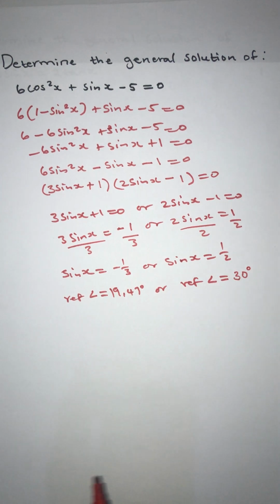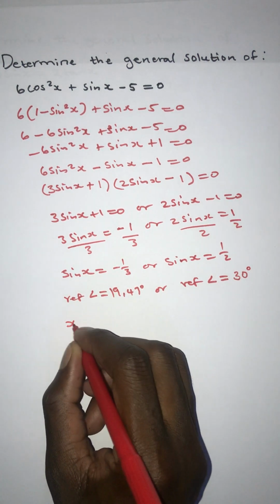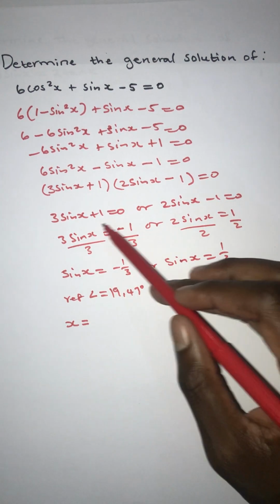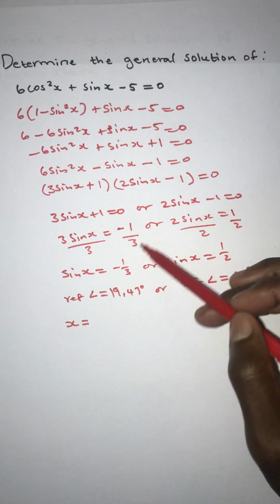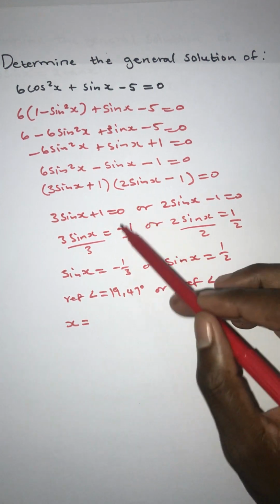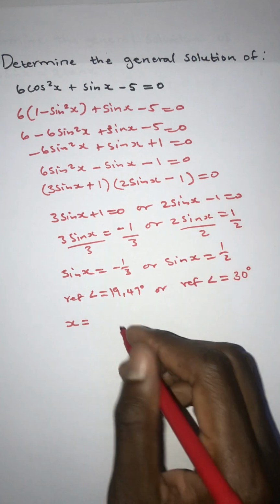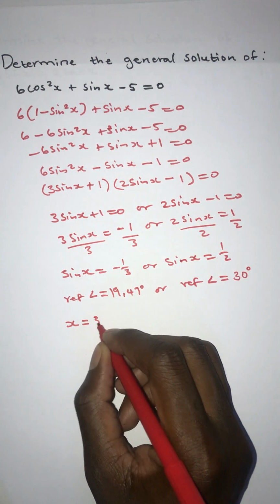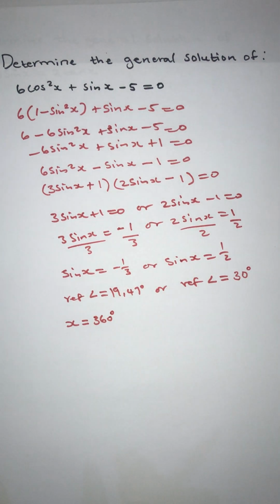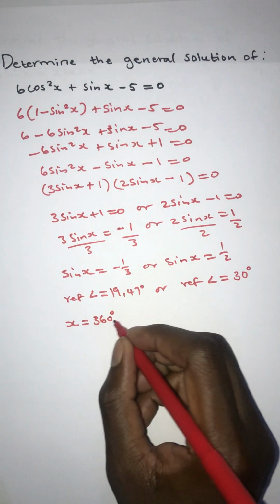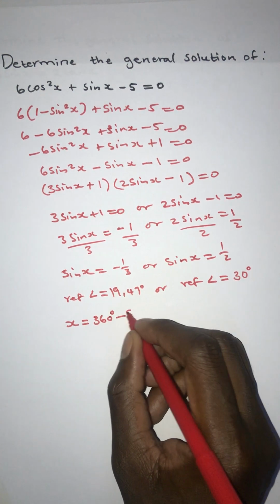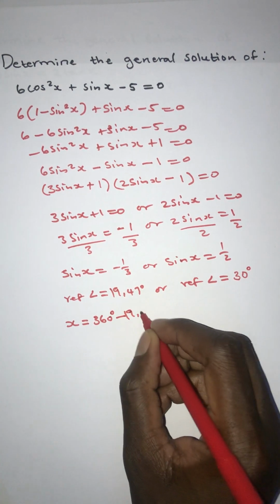So now let's check x. Sine is negative, so we go to our Cartesian plane and check the quadrant where sine is negative. That's quadrant number 4, so it's 360 degrees minus 19.47.